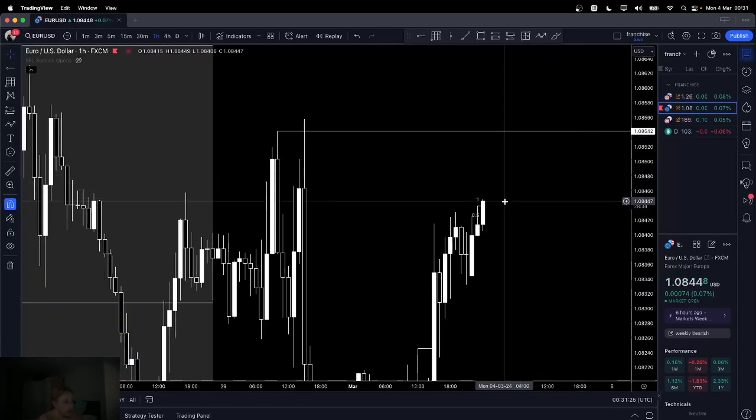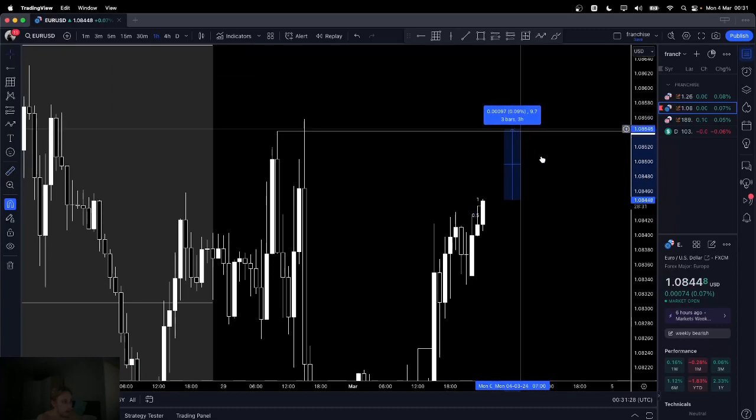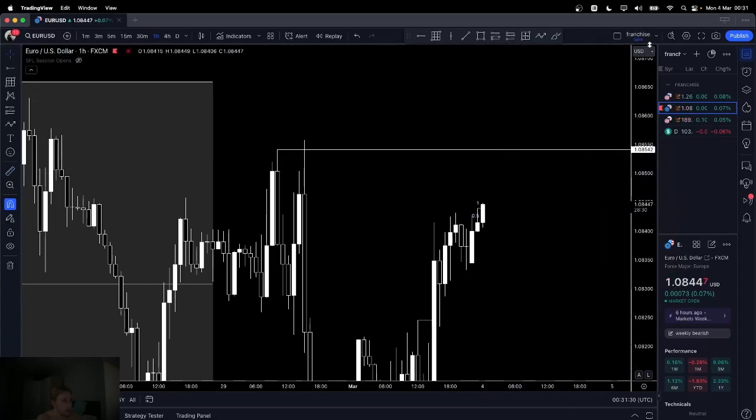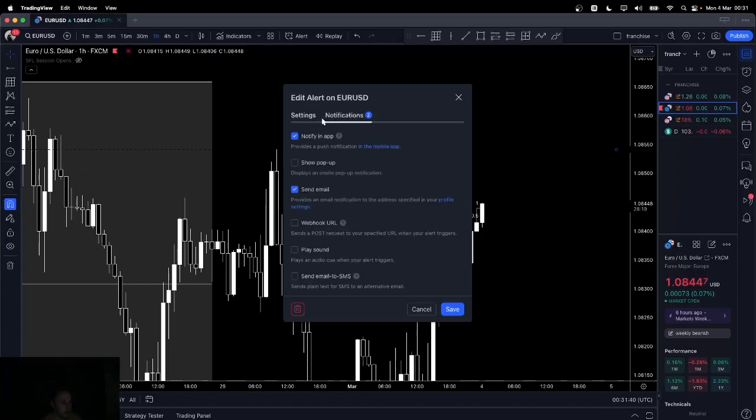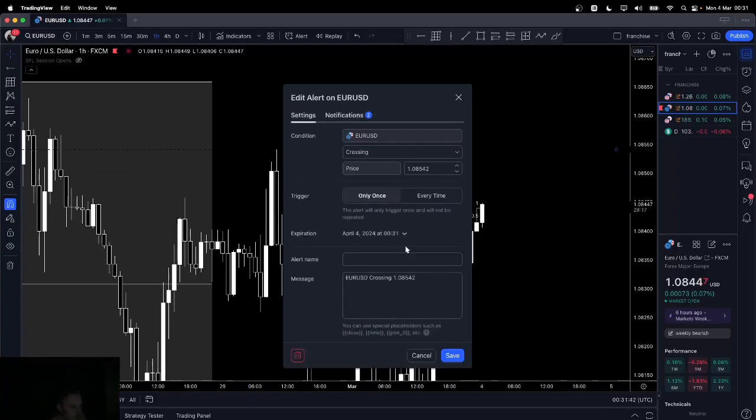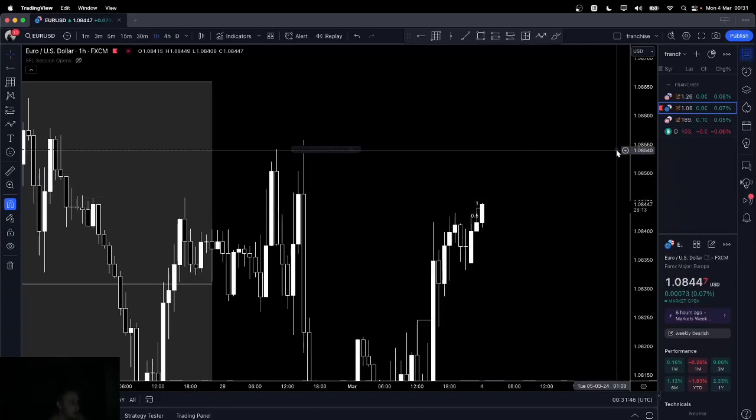How many pips away are we? 10 pips from here. I'll set an alert. Can I change that colour? I don't think so.